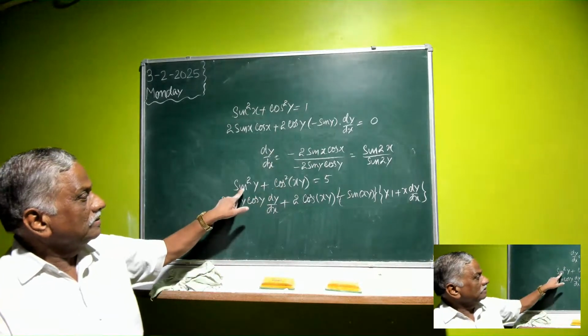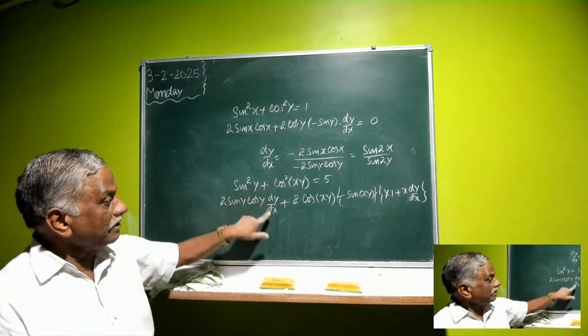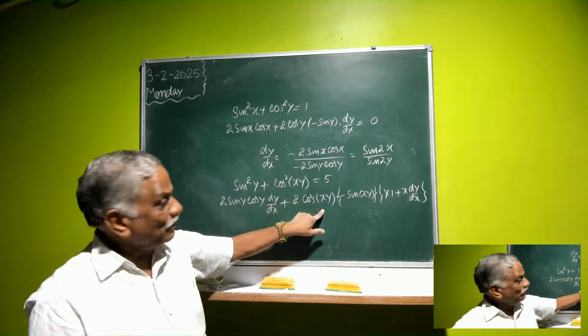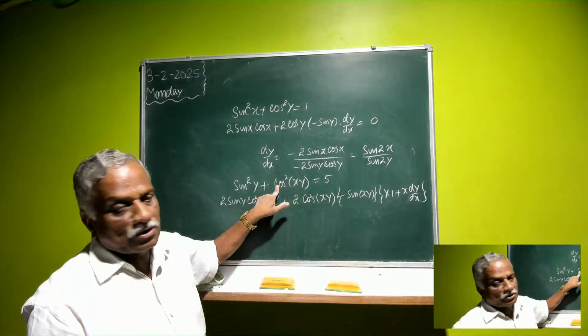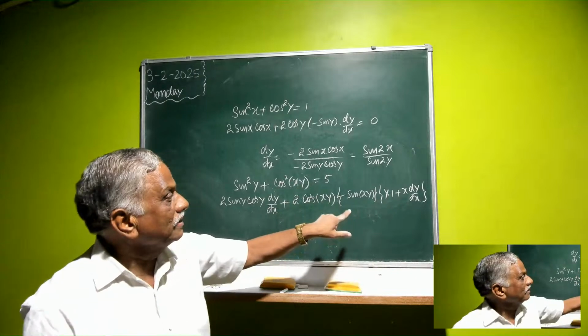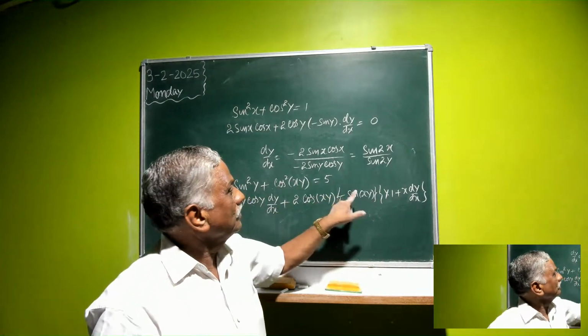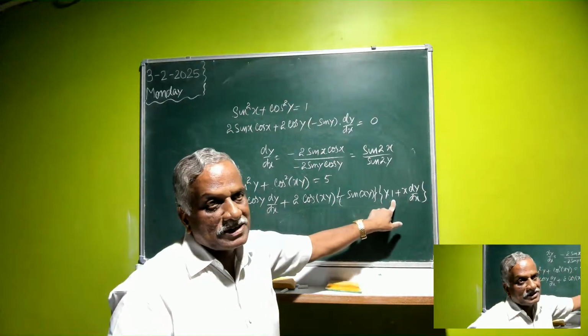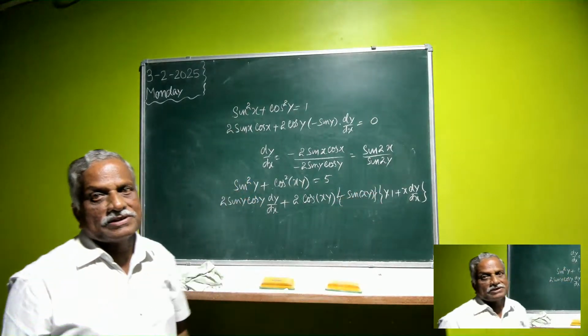I repeat, sin square y is 2 sin y cos y into dy by dx. First you should differentiate power, 2 cos xy. Then you should differentiate cos, it is minus sin xy. Then you should differentiate xy. Xy is product rule. Keep y, differentiate x. Keep x and differentiate y.